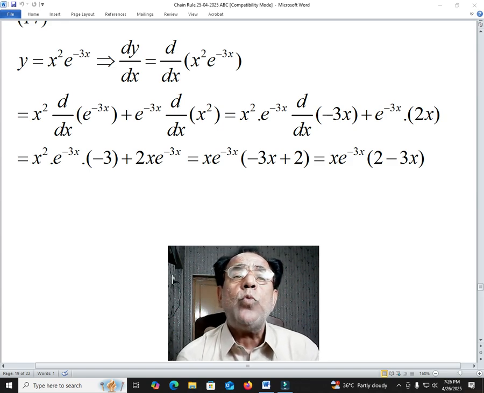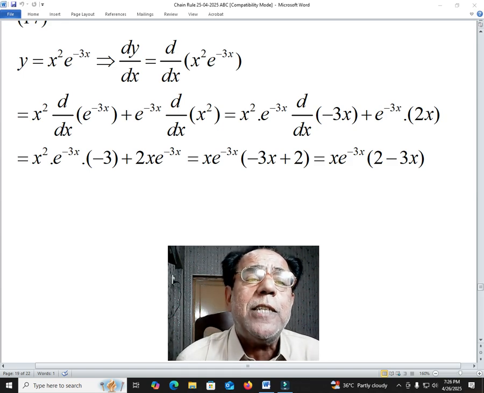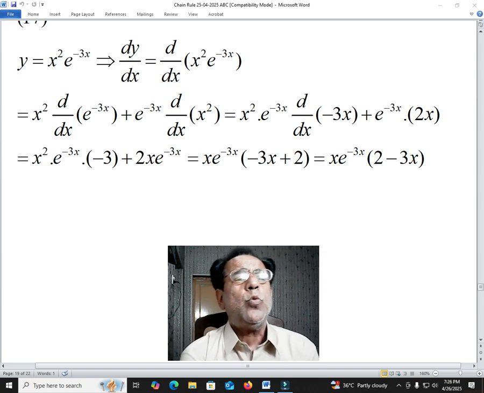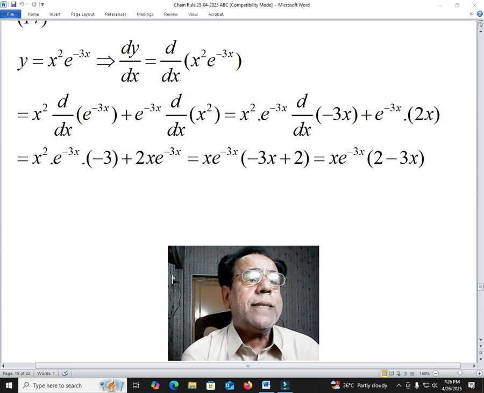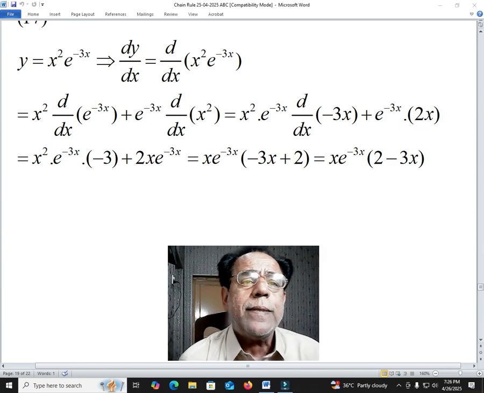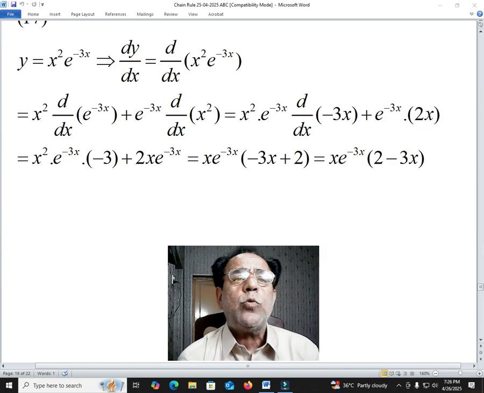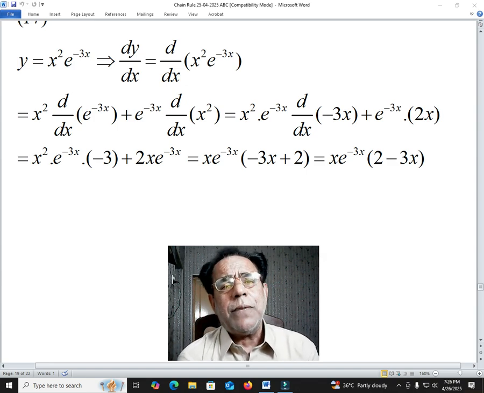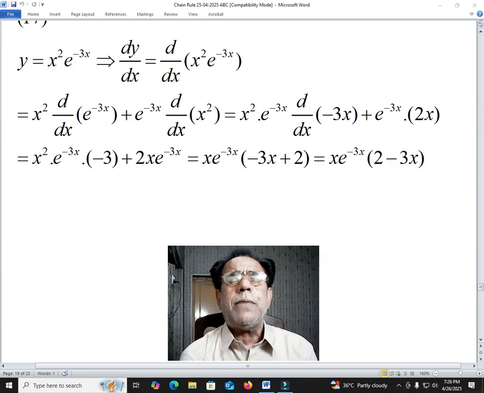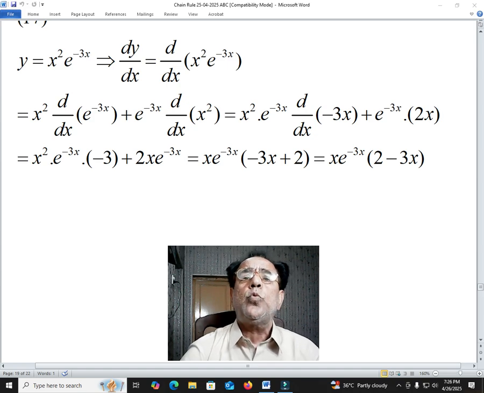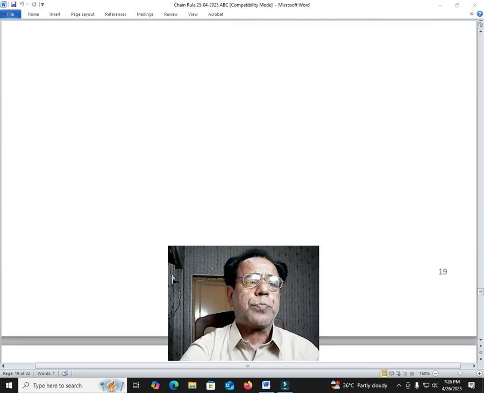What is 2x? 2x is the differentiation of x square with respect to x. So in the next step we get x square into e raised to the power minus 3x into minus 3 plus 2x e raised to the power minus 3x. This becomes equal to x e raised to the power minus 3x into minus 3x plus 2, and finally after simplification our answer becomes x e raised to the power minus 3x into 2 minus 3x.